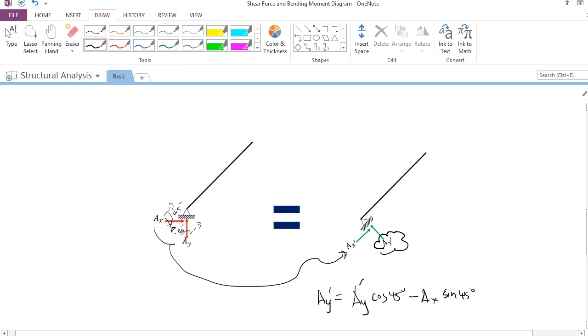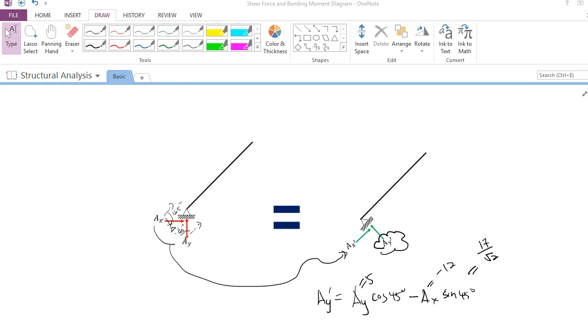Recall that AY is 5 kilonewton and AX is negative 12 kilonewton. So the total loading for AY prime is 17 over square root of 2. So we are almost there. We are ready to draw the shear force and bending moment diagram.